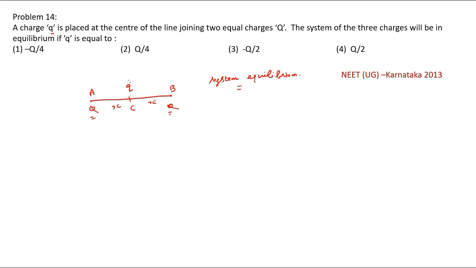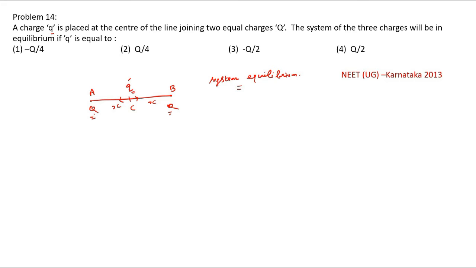But this small q will be automatically in equilibrium, because the force on this small q due to the charge at A will be like this, and similarly the force due to the charge at B will be this way. Both will be numerically equal and opposite in direction, as you see. Therefore, this q will be automatically in equilibrium, so we don't have to worry about this small q.